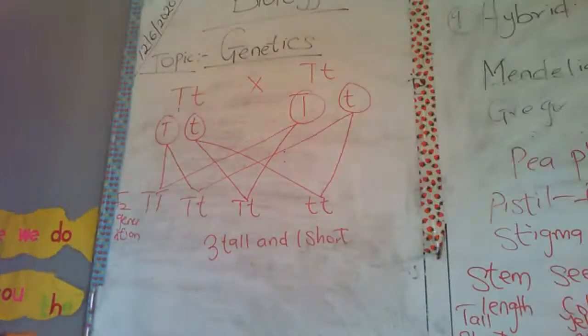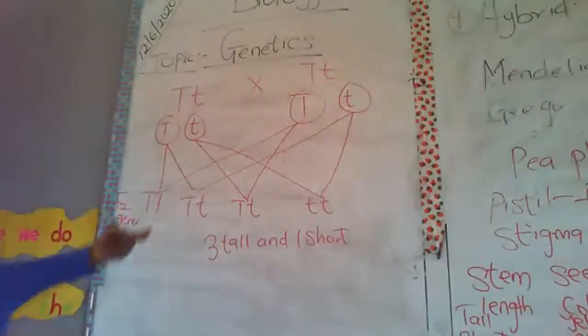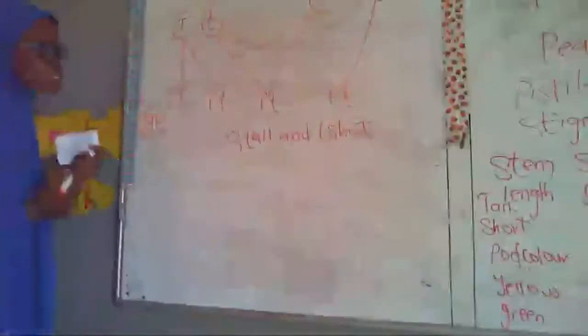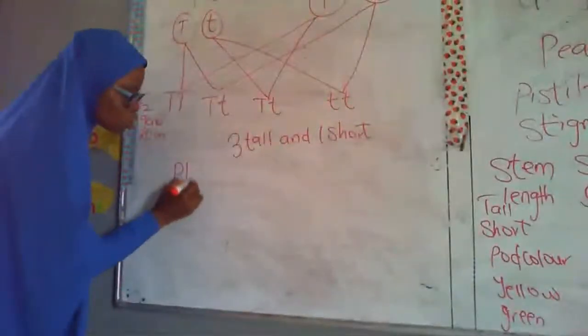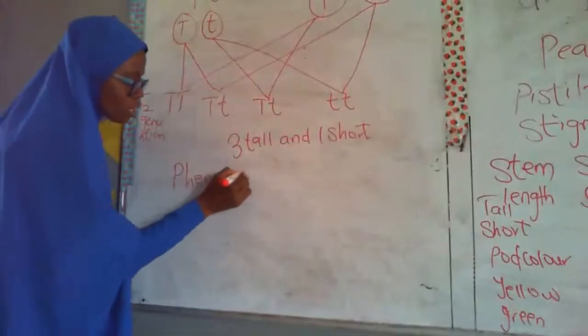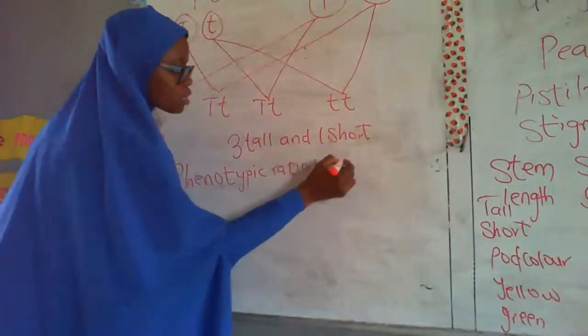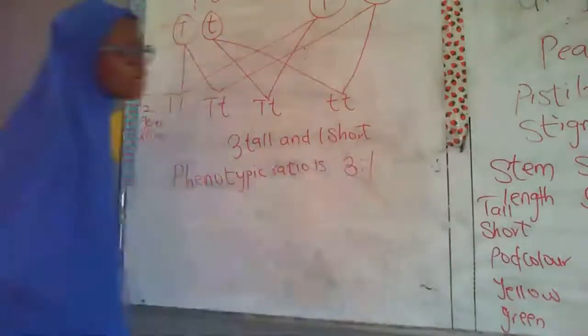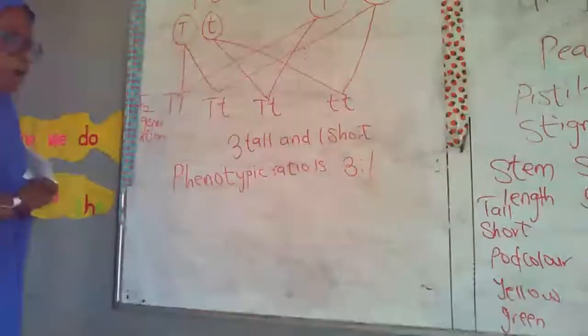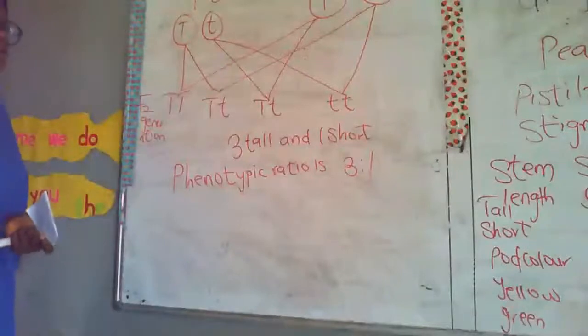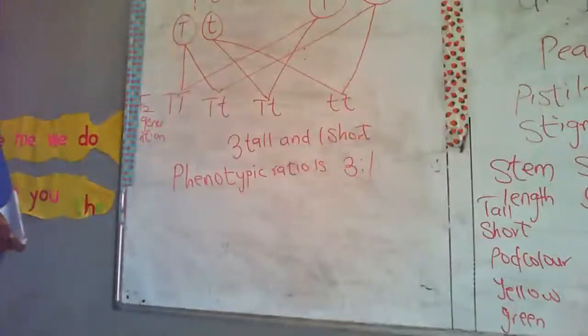So the phenotype is the observable features we can see, the tall and the short. Meaning the phenotypic ratio is 3:1.